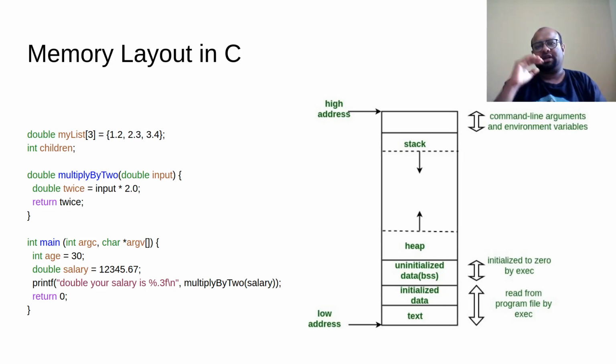Now the first thing that should happen is that the parameter I am passing to this function multiply by 2 has to be put in the stack. Then, this local variable that I have, this double twice, the local variable of my function multiply by 2, needs memory allocated for it.